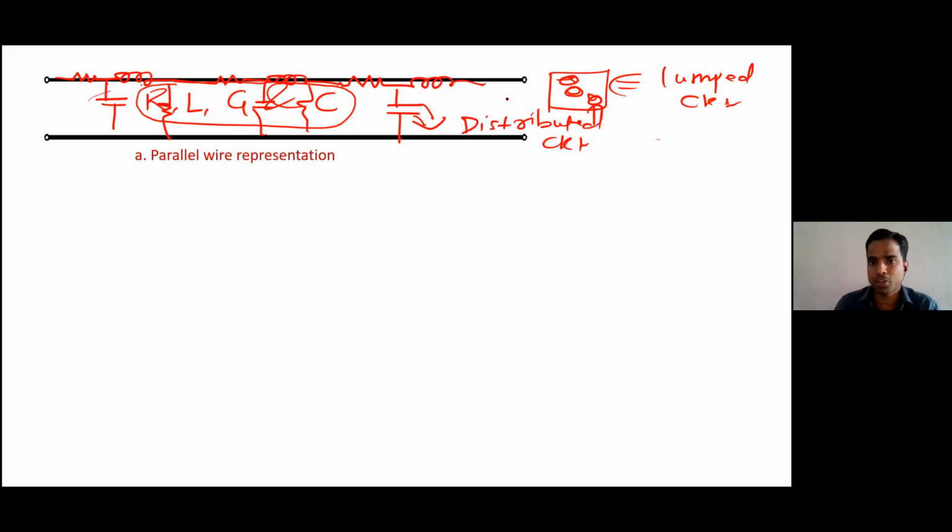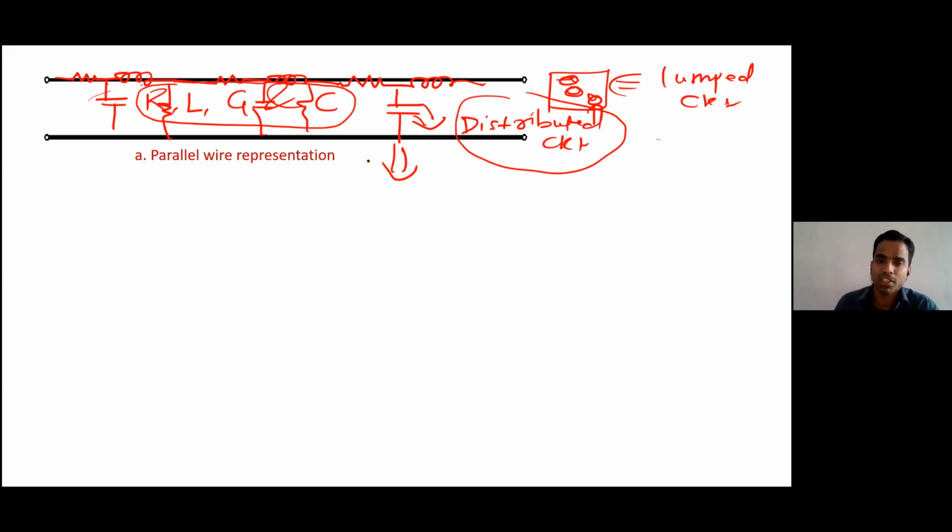This is a distributed circuit, so we cannot do circuit analysis for this, but we need to analyze and get the voltages and current. That is our purpose. So for that we need a lumped circuit, but this is a distributed circuit.